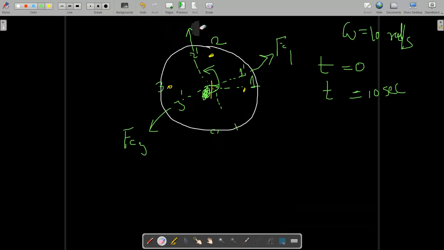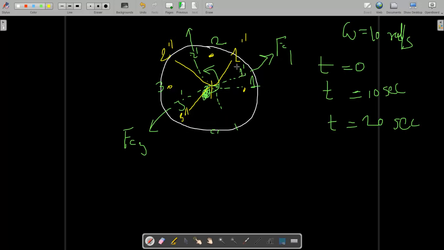What happened now? There are only 3 masses and it is still rotating. Let us assume at t equal to 20 seconds it has rotated again and they are in this position: 1 double dash, 2 double dash, and 3 double dash.